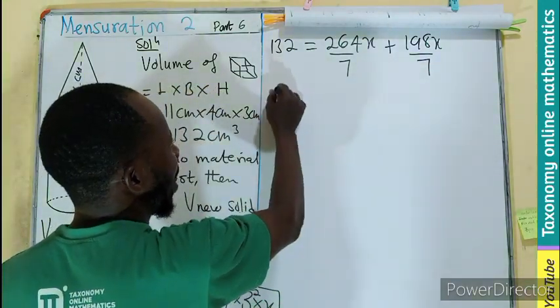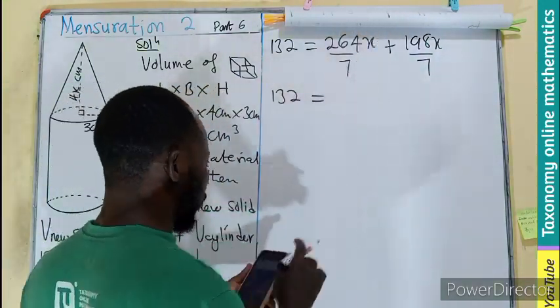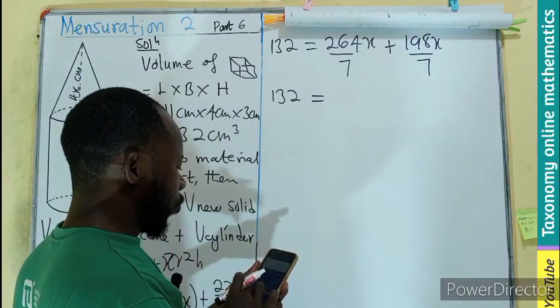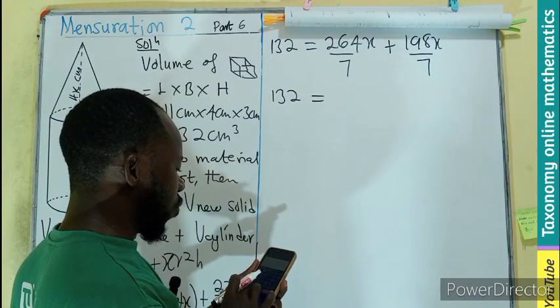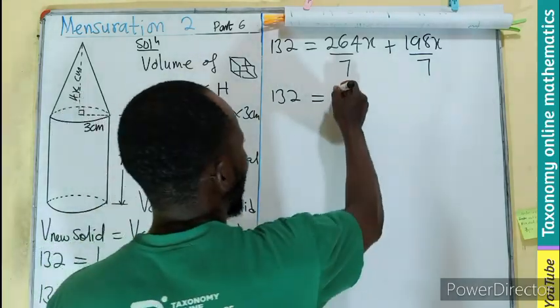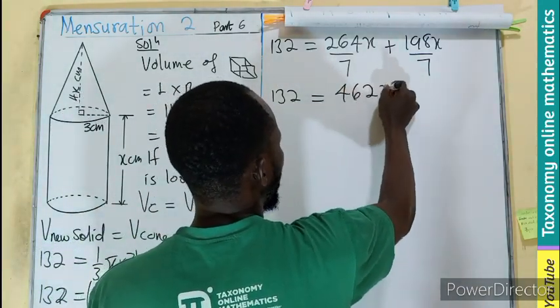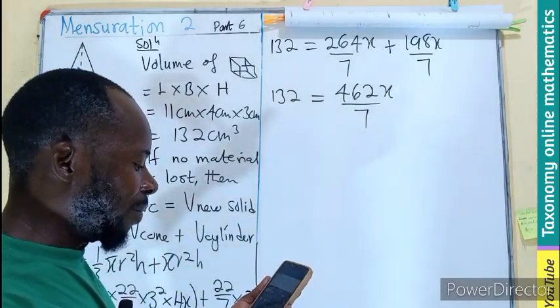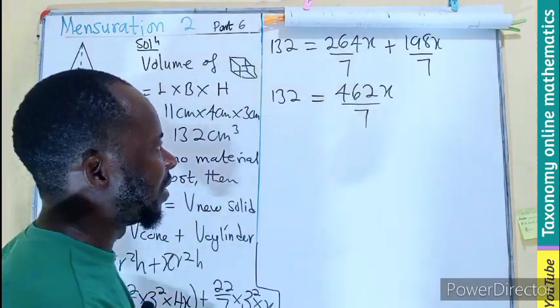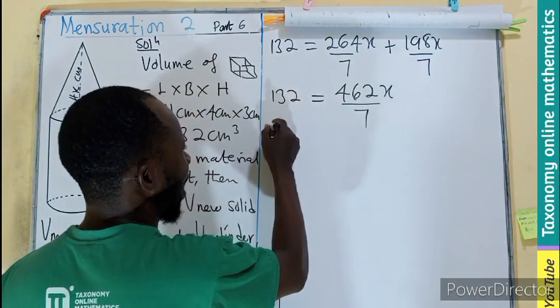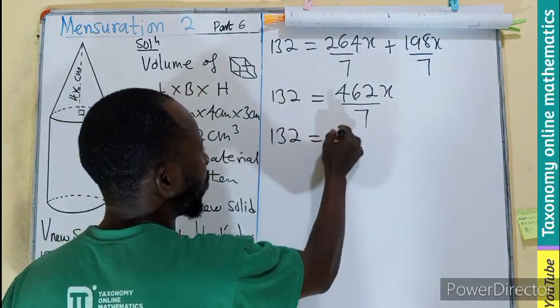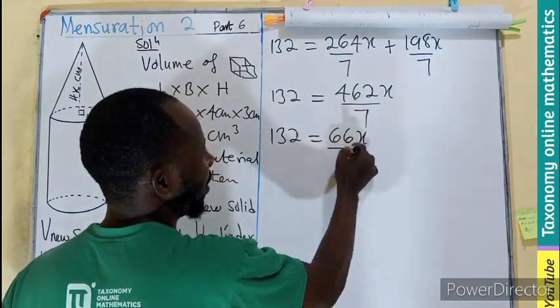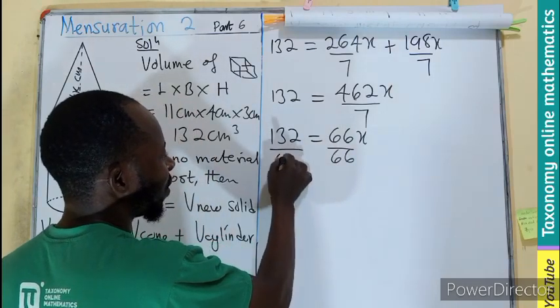Meaning I'll be having 132 equals to adding 264 plus 198, and that will give you 462x divided by 7. If you divide that by 7, you'll be having 66. So I'll be having 132 equals to 66x.